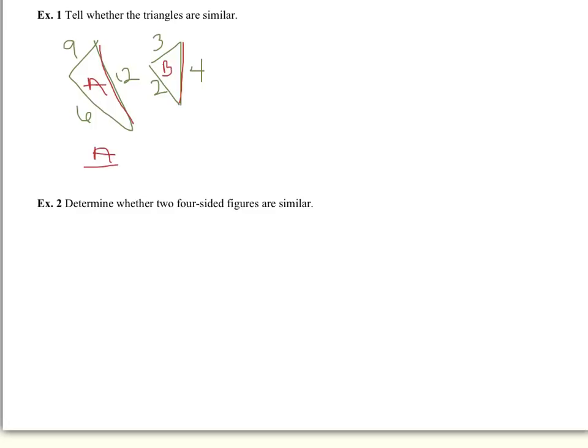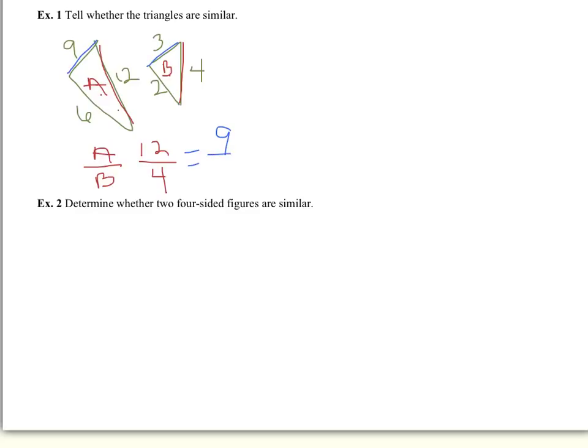So I'm going to write a couple ratios comparing triangle A to triangle B. I always look for parts that I know are corresponding. If they're both the longest side, I know they are corresponding. So I'm comparing 12 to 4. I also notice that the 9 and the 3 are corresponding.